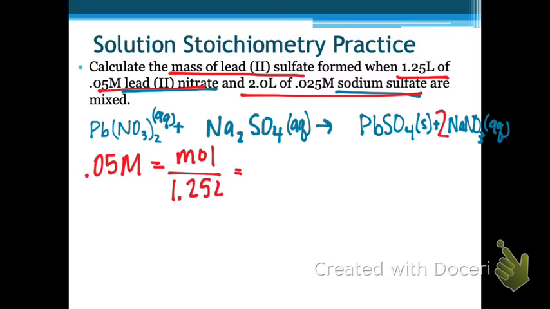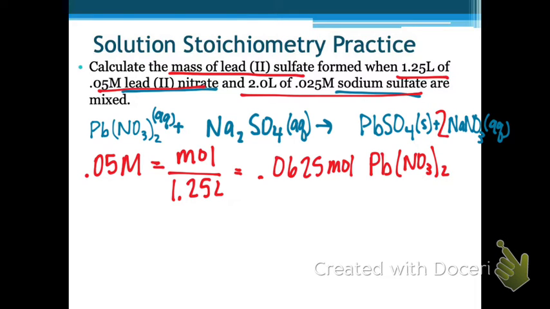So this would be moles of lead nitrate. 0.05 times 1.25, we get 0.0625 moles of Pb(NO3)2.